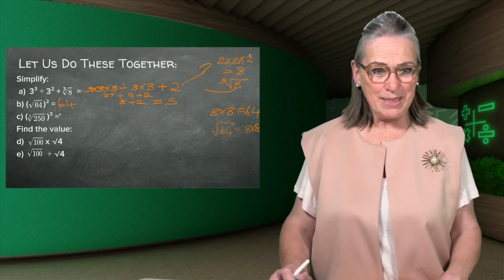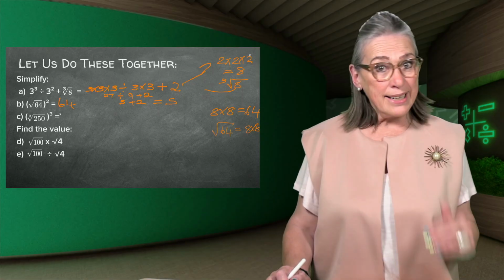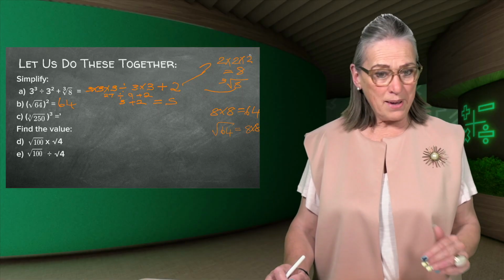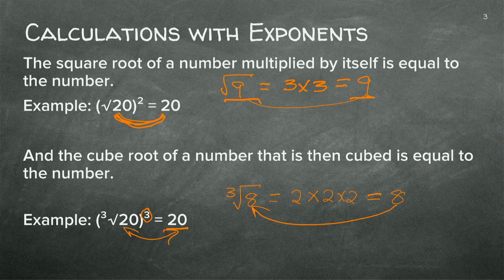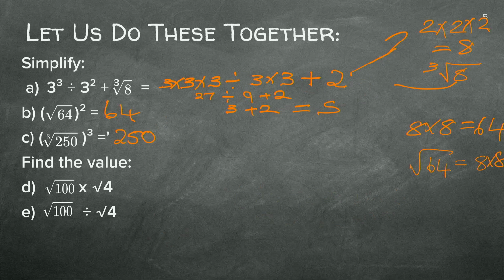Remember, we've just said it in the previous slide. Similarly, now you will remember, if they ask us the cube root of 250, but then multiplied by itself twice, so the answer is 250. And please, if you don't understand what I've done here, I want you to go back to the slide where I explained it. Okay, so let's continue.